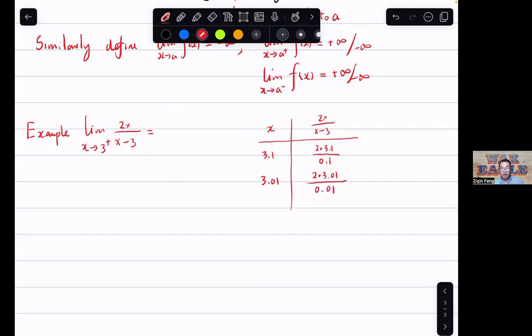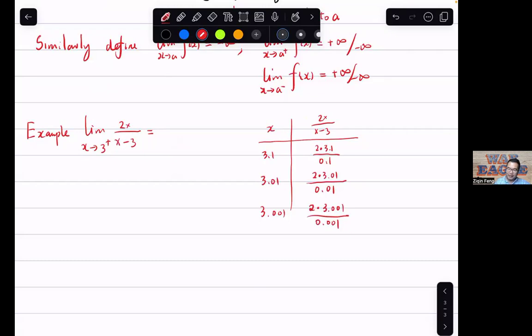This will be 600 something. If you try one more time, with 3.001, this will be 2 times 3.001 over 0.001. Now you can see that this is getting larger and larger. Imagine that this for sure goes to infinity.